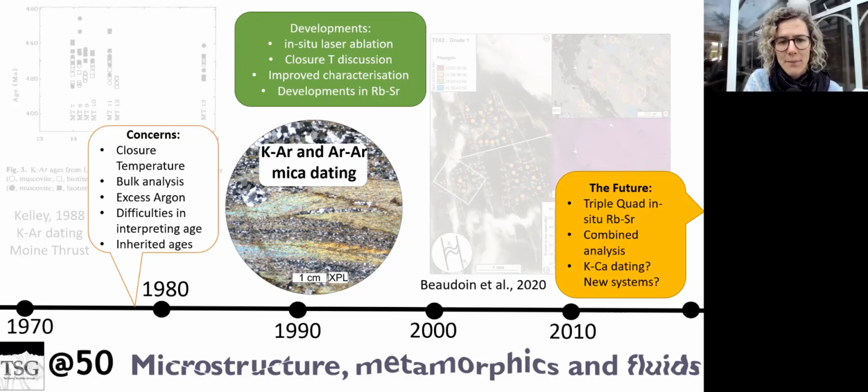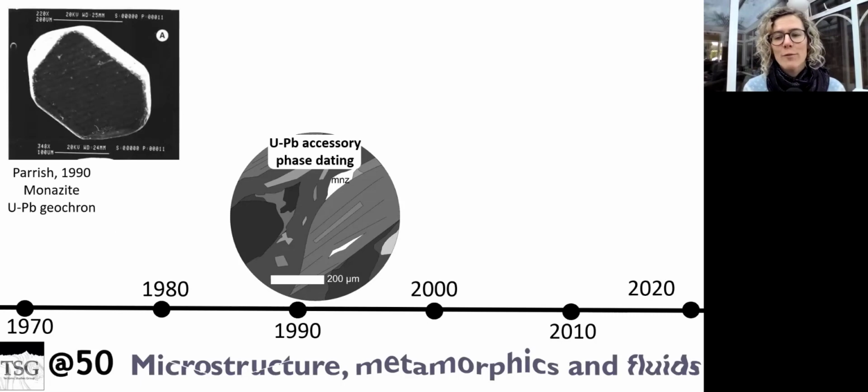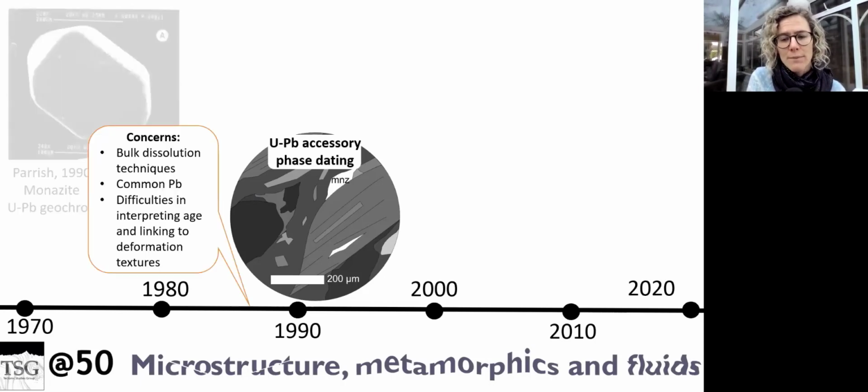with argon dating. Uranium-thorium-lead dating of monazite is another way we've used to directly link metamorphism and deformation and try and explore that relationship that John just alluded to. There were early studies done by Randy Parrish, which were largely bulk studies done by isotope dilution. With bulk techniques, the problems with common lead have led to issues linking monazite ages directly to deformation events.